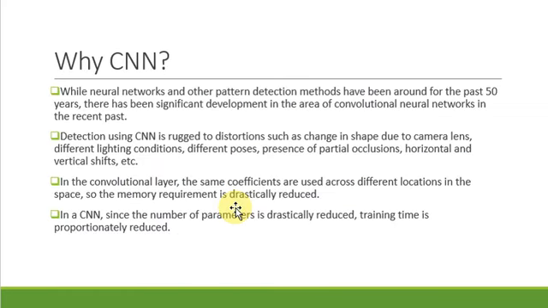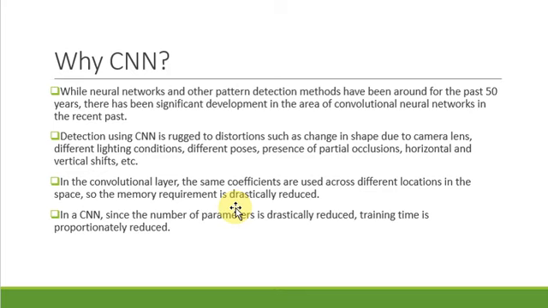Why are we using CNN? Here are some advantages of CNN. While neural networks and other pattern detection methods have been around for the past 50 years, there have been significant developments in the area of convolutional neural networks in the recent past. What we do in CNN is simply use the same coefficients across different locations.